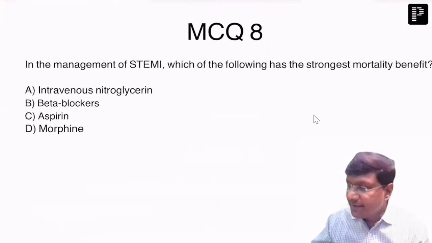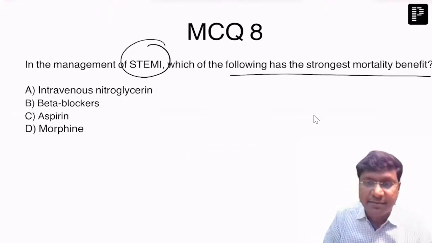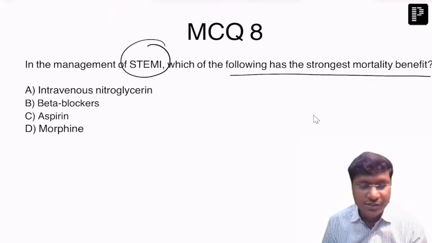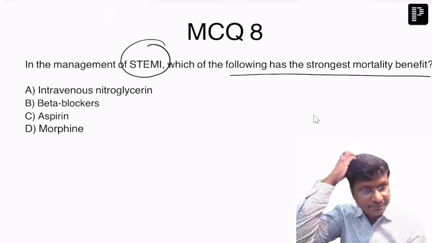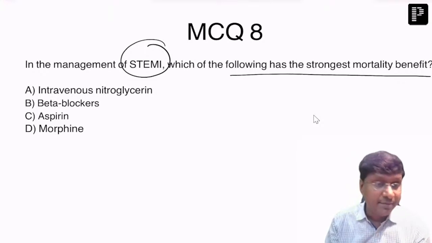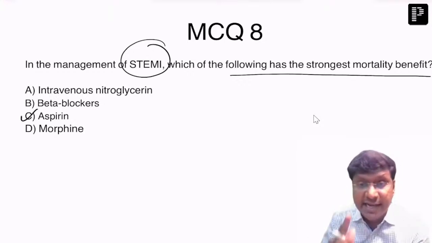Next, in the management of STEMI, which of the following has the strongest mortality benefit? No, it is not the beta blocker. In patients with STEMI, please remember it is the aspirin.